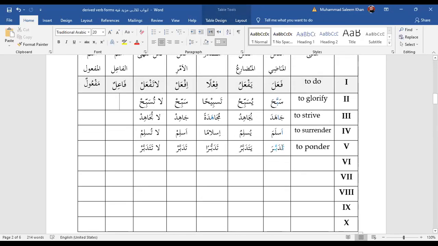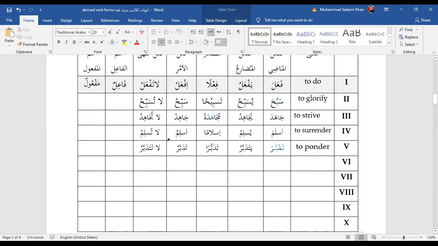Now for these 3 forms of the verb, which is 2, 3, and 4, they are quite special and they are quite easy as well. For example, here, when we made fi'l al-amr, it was very simple. We only made the ending sakin, and we removed the alamat al-mudari, and it became sabbih, and it became fi'l al-amr. And fi'l al-nahi, we only made the ending sakin, and our fi'l al-nahi is also ready.